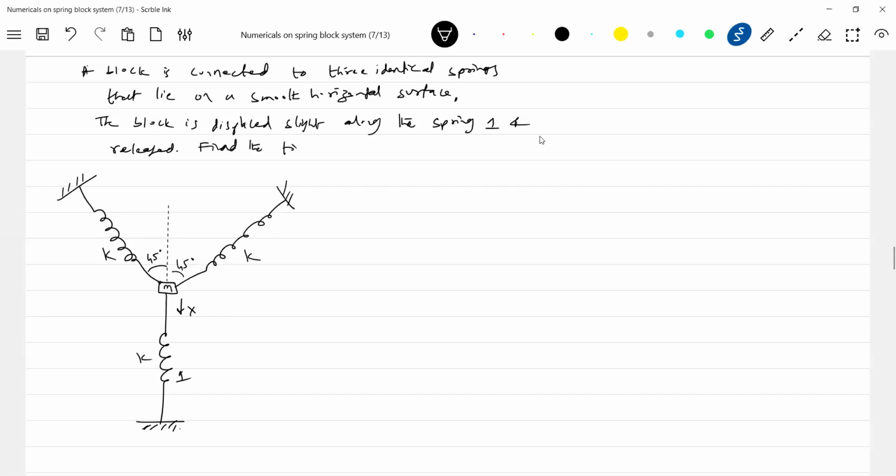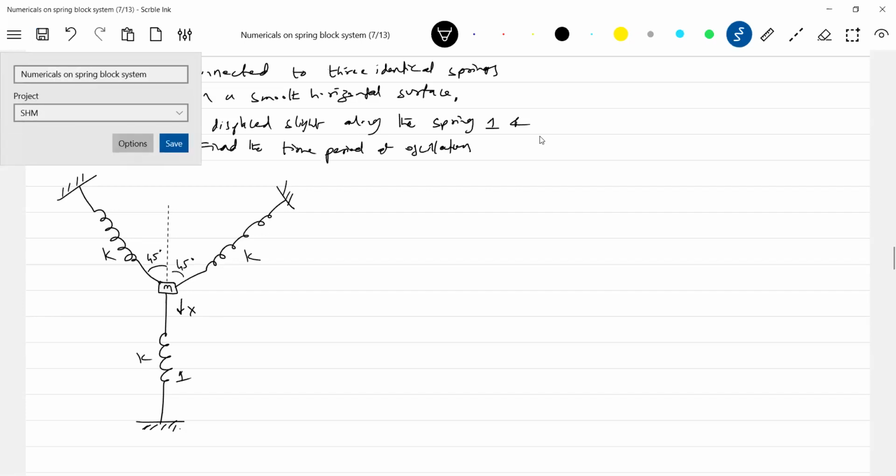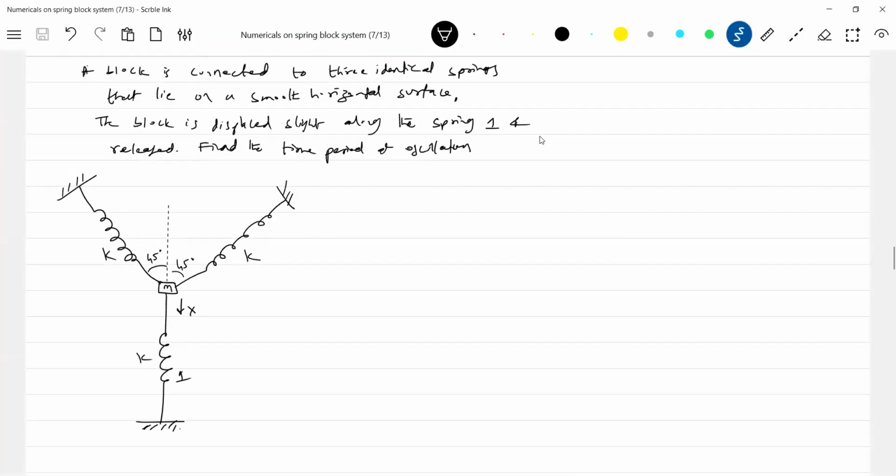Find the time period of oscillations. What I'm doing is just pushing the block along spring 1. This is spring 2, this is spring 3. I'm going to displace the block slightly along this and release. So we have to find the time period of oscillations of this particular block.